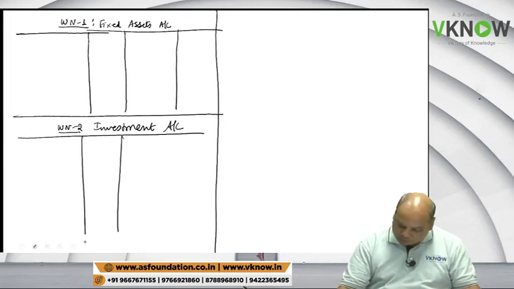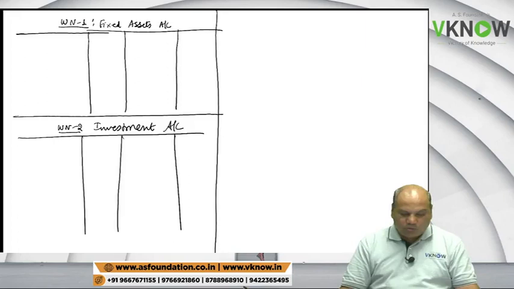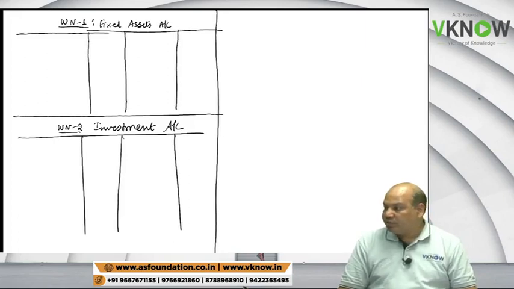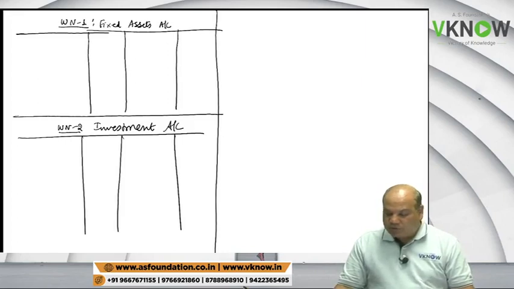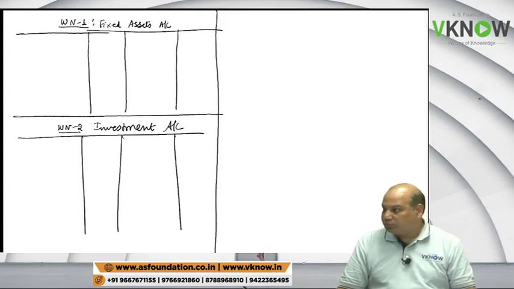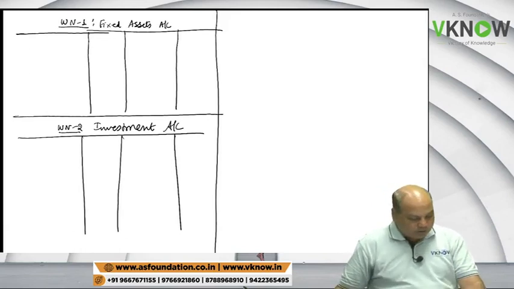Investment account to find out whether there is any income or not. Fixed asset account to check whether there is any purchase or sale or not. 2 working notes will be sufficient, and some notes I will dictate. Okay, please start now.